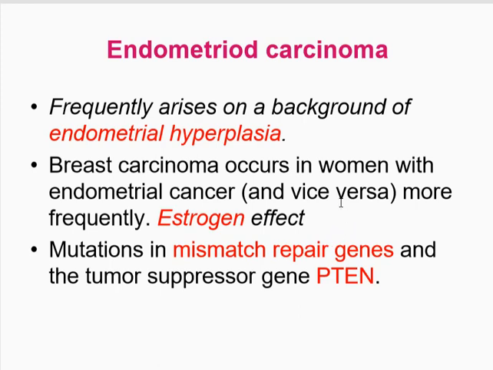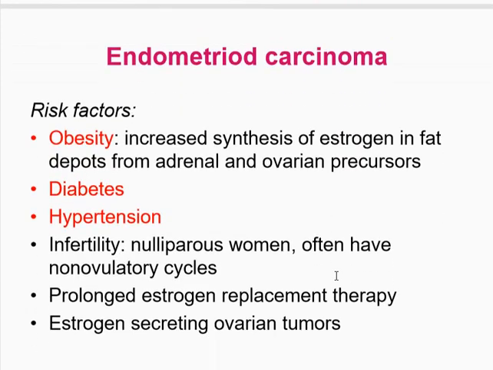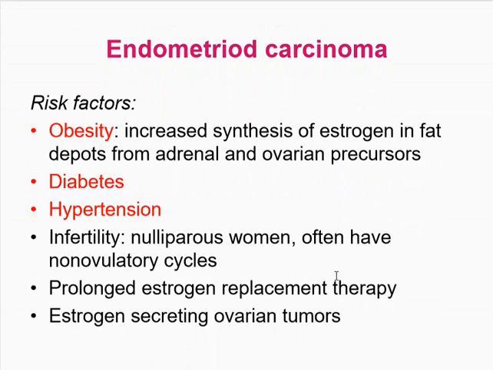There is often a condition leading to excess estrogens in endometrioid carcinomas. Mutations in mismatch repair genes and loss of function of the PTEN tumor suppressor gene is a common event in endometrioid carcinoma. Risk factors include obesity, diabetes, hypertension, infertility, prolonged estrogen replacement therapy, or estrogen secreting ovarian tumors. Many of these, including obesity, are associated with an excess of estrogens, endogenous or exogenous.